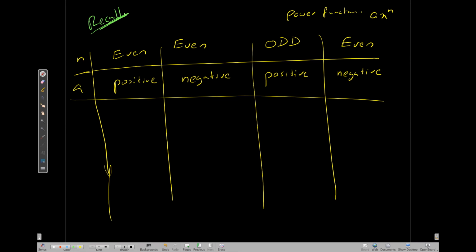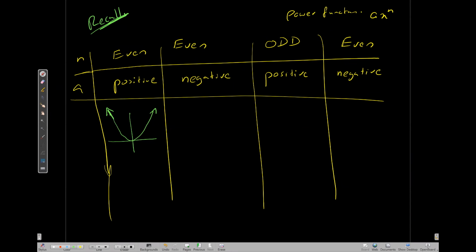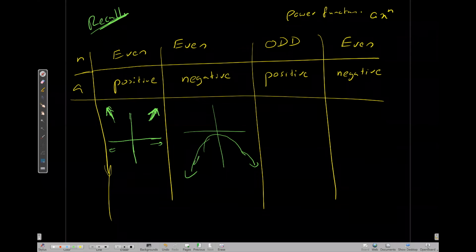If n is even and a is positive, you will always get a shape like this. This is the end behavior, this is what you need to remember. When x goes to infinity, your function value goes to infinity, and when x goes to negative infinity, f of x also goes to infinity, because here it's rising.